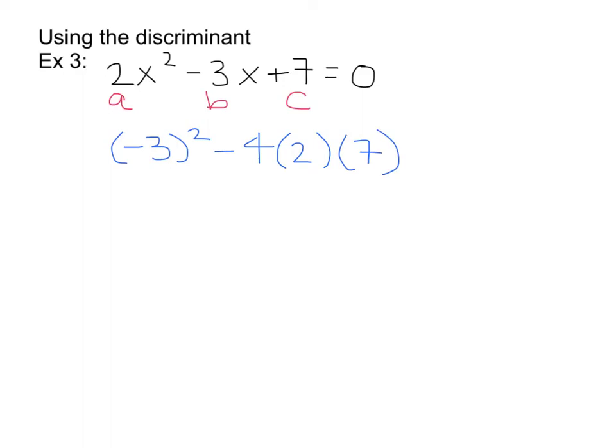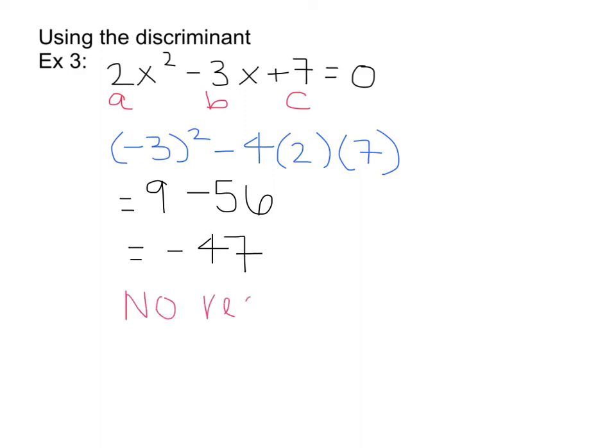Okay? So negative 3 squared gives me positive 9. And then negative 4 times 2 times 7 gives me negative 56. 9 minus 56 gives me negative 47. And since that is less than 0, there are no real solutions.